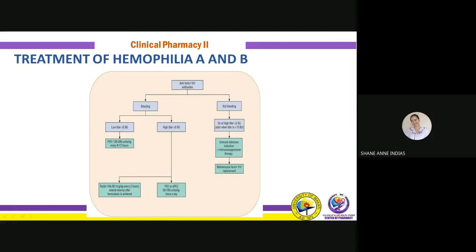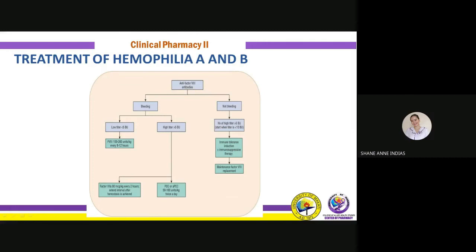antigen-specific tolerance. Pero take note, this approach is not recommended for patients with hemophilia B who have developed inhibitors kasi they are at high risk of hypersensitivity reactions and anaphylaxis associated with factor 9 administration kasi one of the major side effects ng factor 9 administration is yung hypersensitivity reactions.